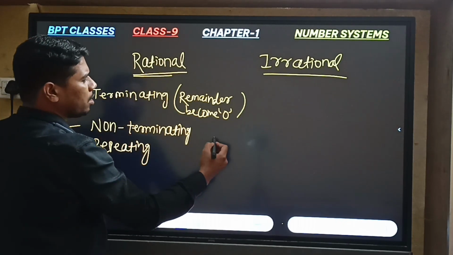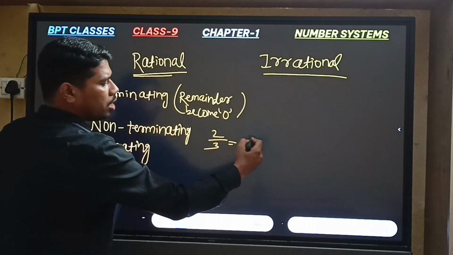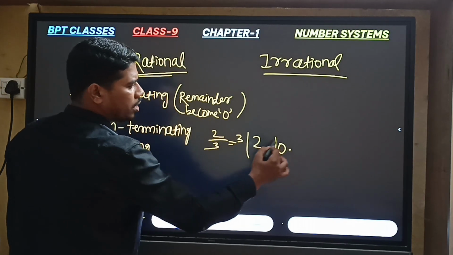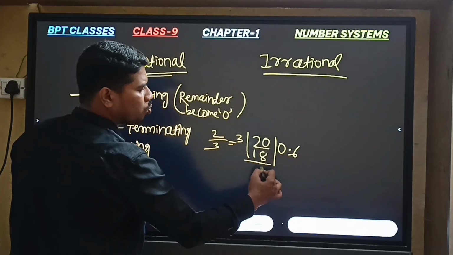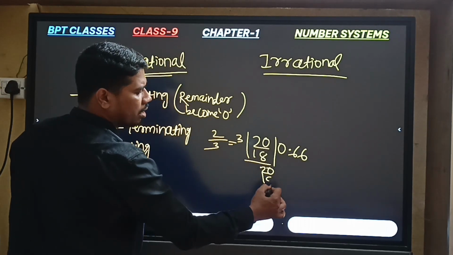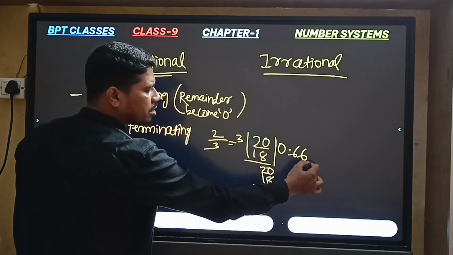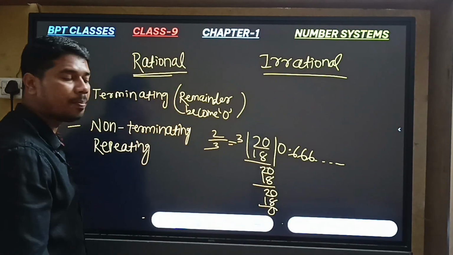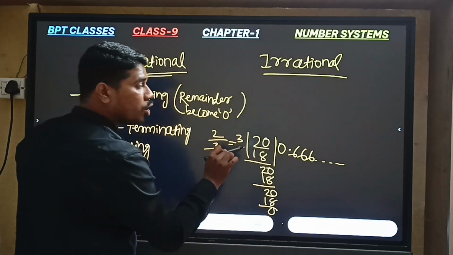Suppose I am writing 2 by 3. You divide 2 by 3: 0 point, then 20 comes, 3 sixes are 18, again 2 comes, again 0 comes, again 3 sixes are 18, again 2 comes, and it repeats like that. So 0.66666 is non-terminating.